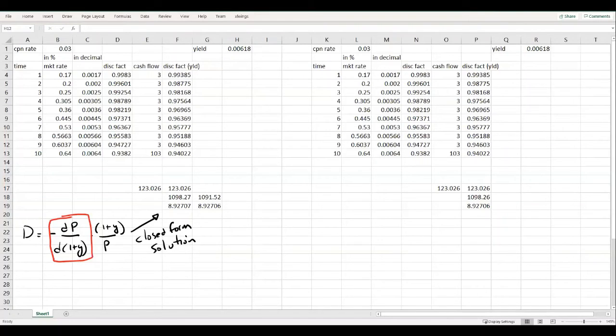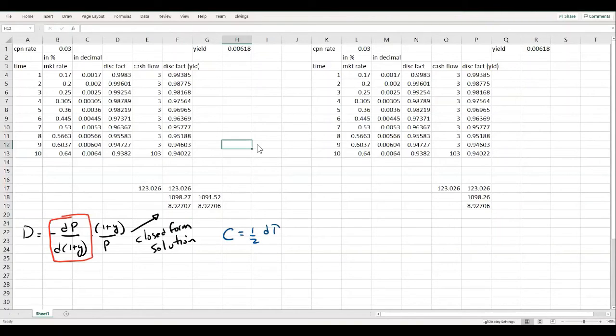There are many definitions for convexity. But no matter how they differ, they all measure the nonlinearity or the curvature of the price-yield relationship, as we have discussed.